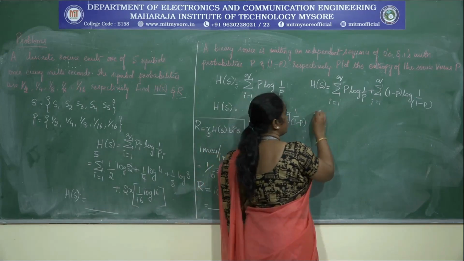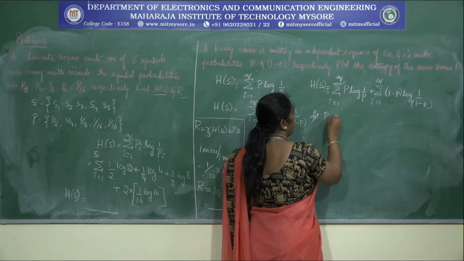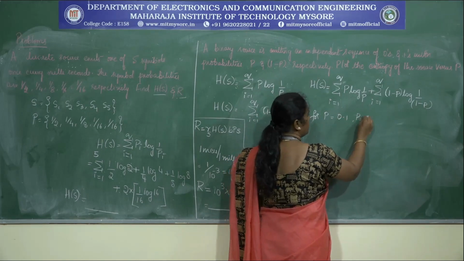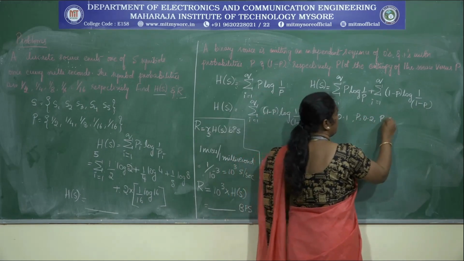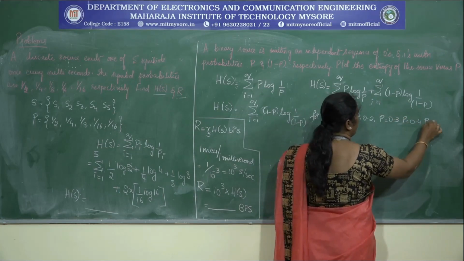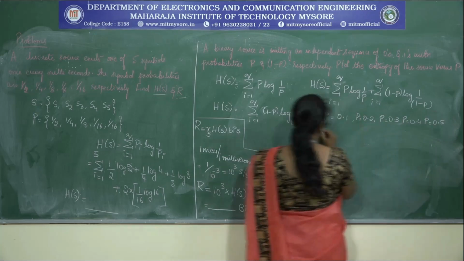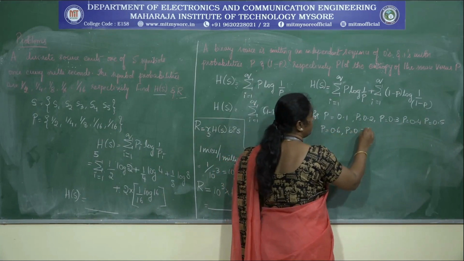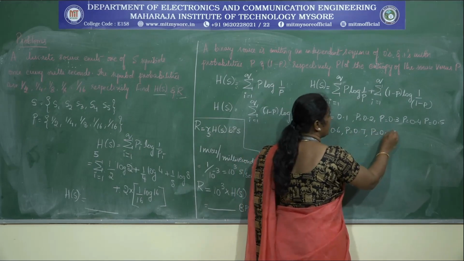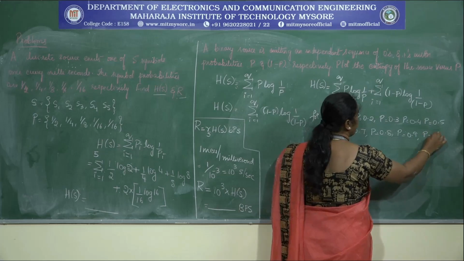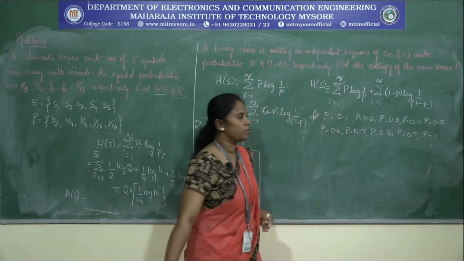Let us consider first the probability P is equal to 0.1, then P is equal to 0.2, 0.3, 0.4, 0.5, 0.6, 0.7, 0.8, 0.9, and the last value you can consider is P is equal to 1.